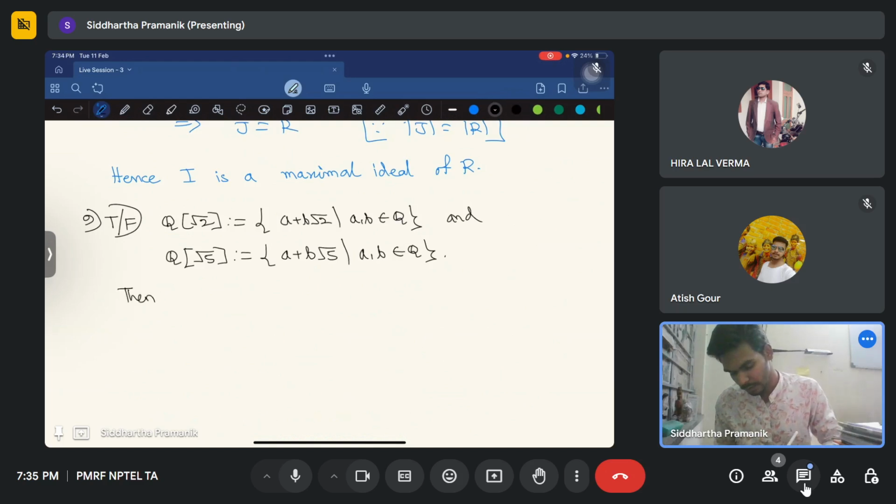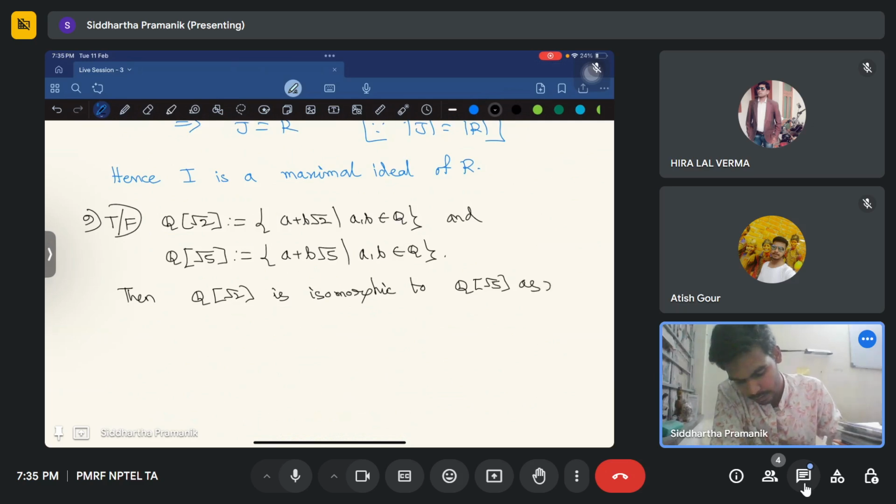Then Q root 2 is isomorphic to Q root 5 as rings. So they are saying that these two rings are isomorphic. So you need to check this is true or false.